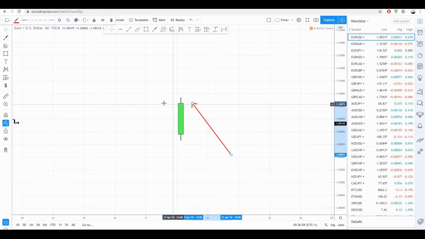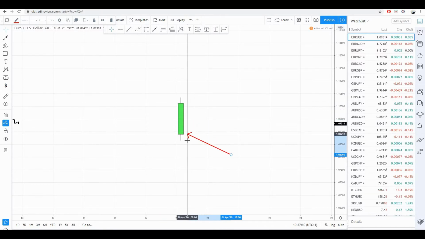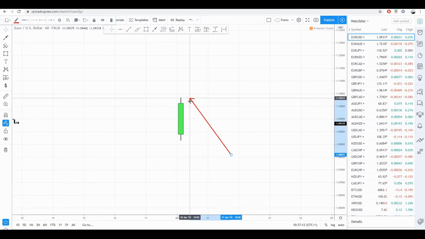So at midnight on the 11th, or midnight that night on the 10th, it's closed at 1.10123. So throughout that day, price started here, it's moved down, it's moved up, and it's closed at this price here. It's closed higher than it opened. Therefore, it's a bullish candle.